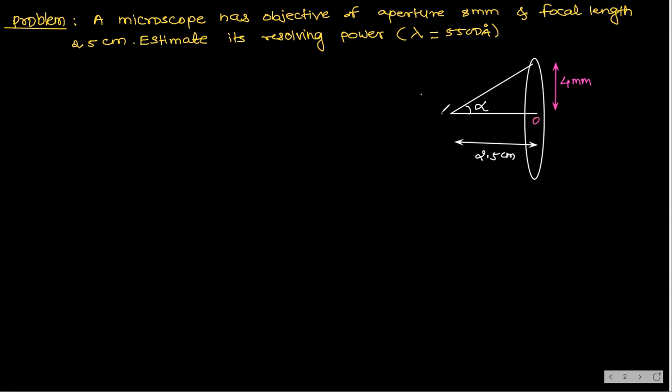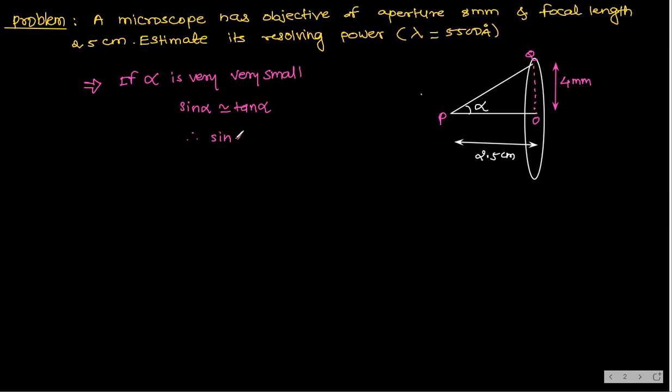O P Q, suppose. Right. Now, if alpha is very, very small, because you see aperture is very, very small there, can I say that sine alpha is nearly equal to tan alpha?